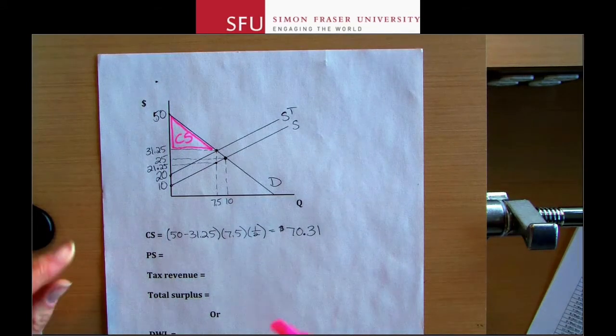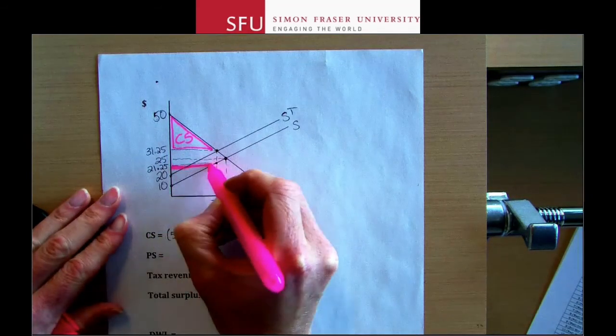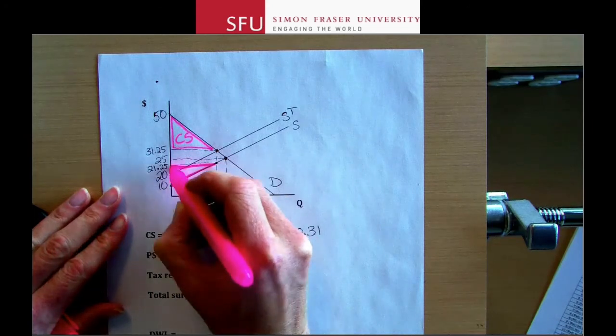Producer surplus is the triangle between the price they get paid now, which is only 21.25, and their cost of production.